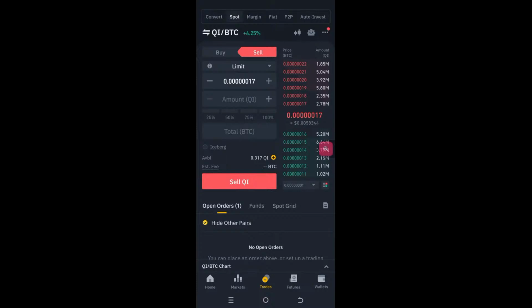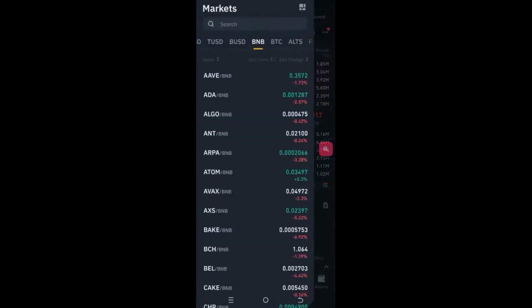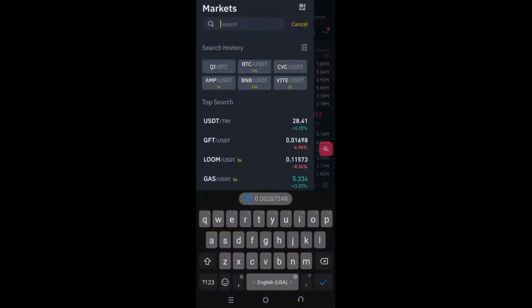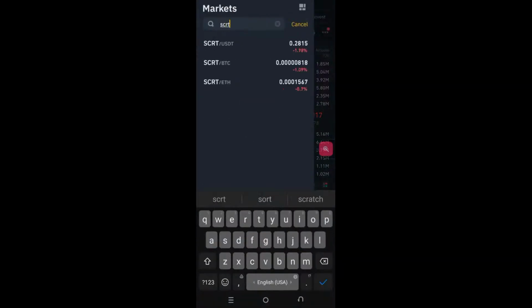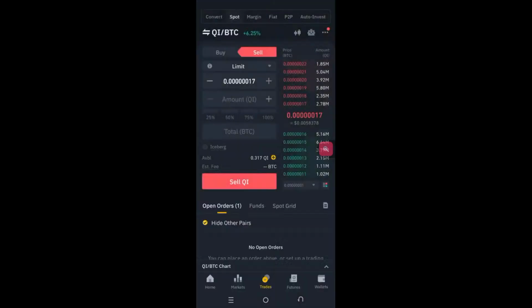Okay, so let's choose SCRT, because I just checked my instrument and I saw that it actually has some form of profit in it. So let's go and see what's going on in SCRT. So this is between SCRT BTC in Binance, and SCRT in KuCoin.